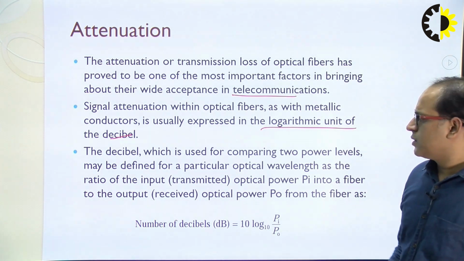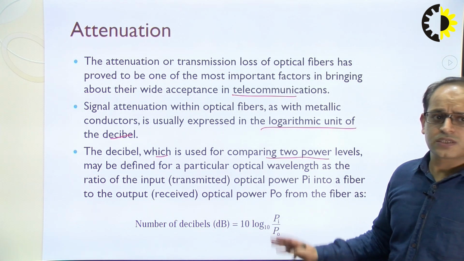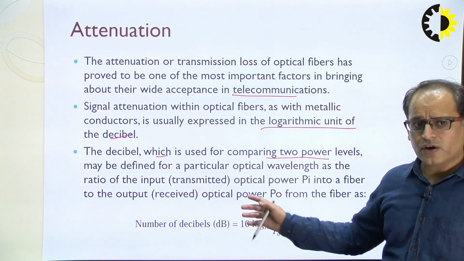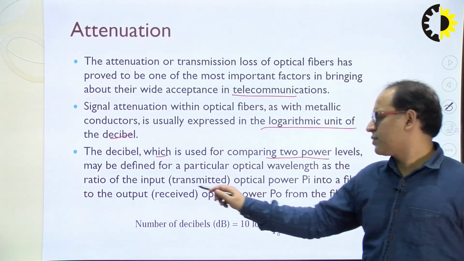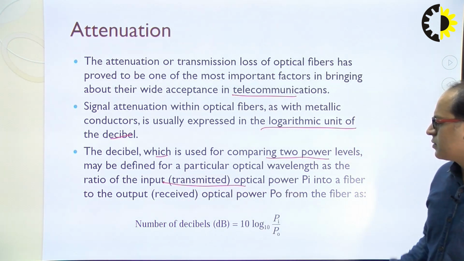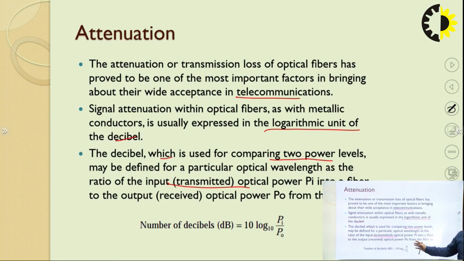Decibel is generally used when we compare two power levels, defined for a particular optical wavelength as the ratio of the input optical power P in into the fiber to the output optical power P out from the fiber.